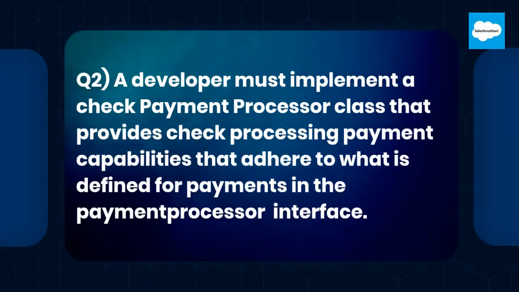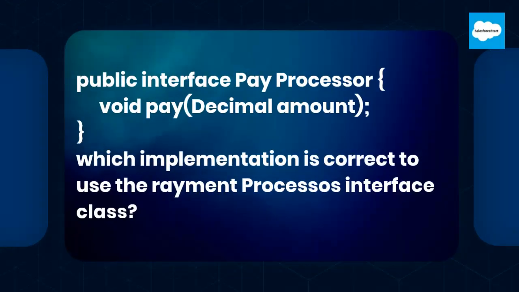Q2. A developer must implement a CheckPaymentProcessor class that provides check processing payment capabilities that adhere to what is defined for payments in the PaymentProcessor interface. Public interface PaymentProcessor, void pay(Decimal amount). Which implementation is correct to use the PaymentProcessor interface class?